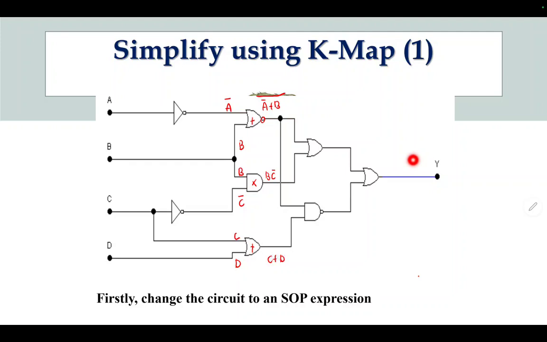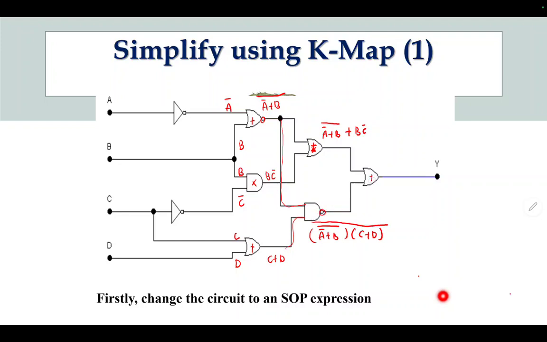Okay, over here plus. So you got A bar plus B bar plus BC bar. Here you got A plus B bar, which comes here, and then here is C plus D, times C plus D, and then you got bar all.